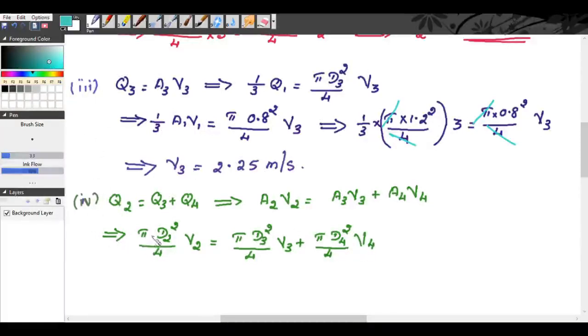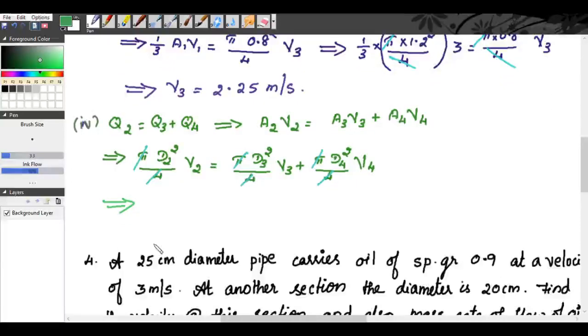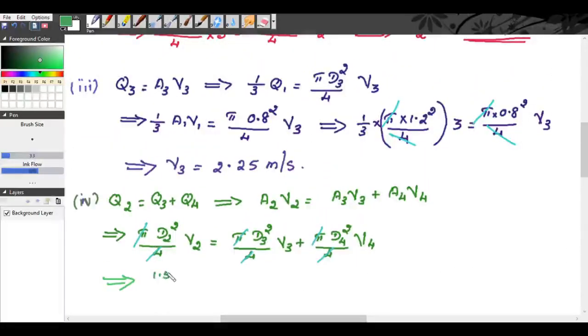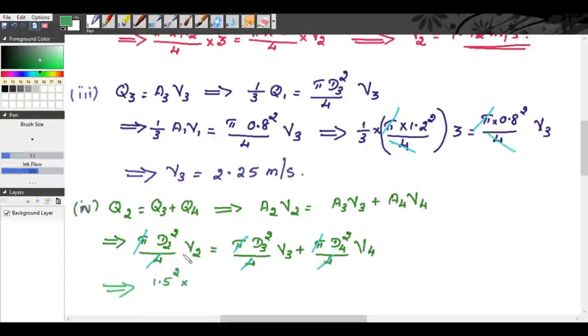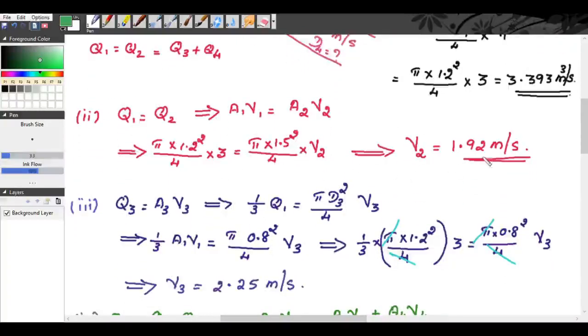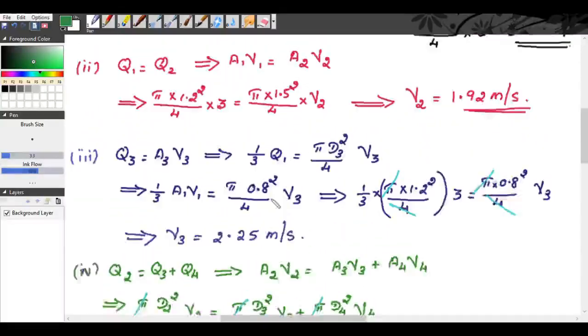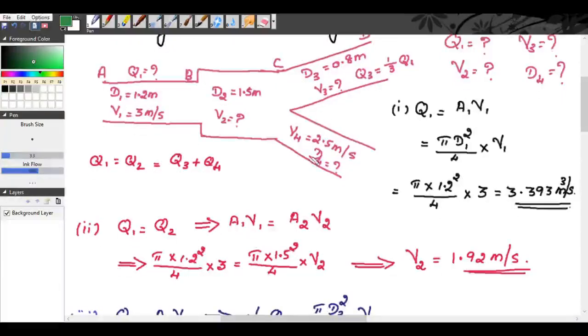So now we can cancel this pi by 4 everywhere. The remaining things we have is D2 square. What is the value for D2? It is 1.5. So D2 is 1.5 square into V2. We have already found our velocity V2 as 1.92 meter per second. So 1.92 is equal to D3 square, diameter D3 is 0.8 meter.